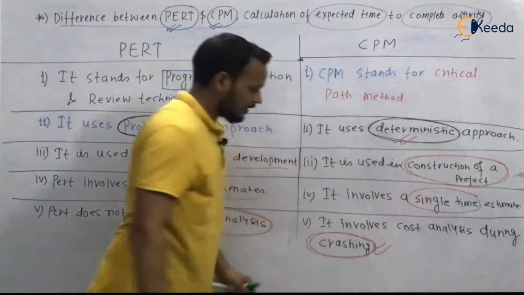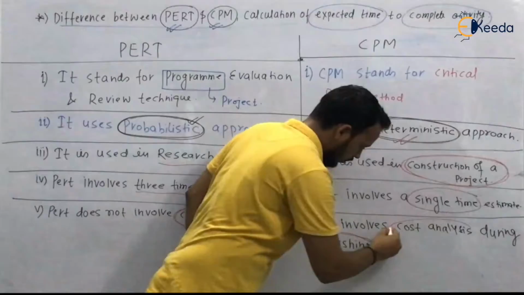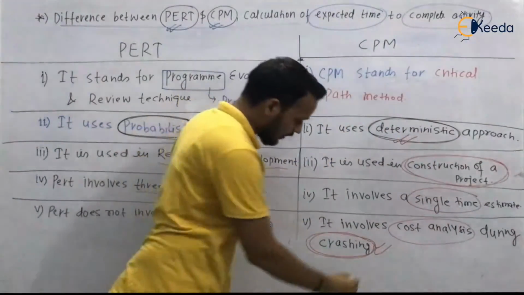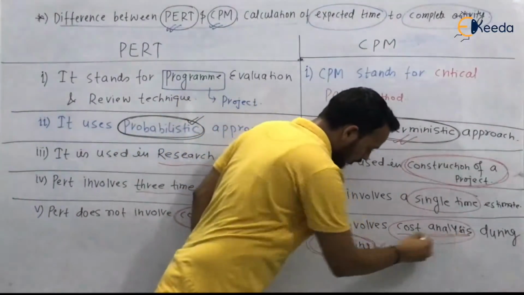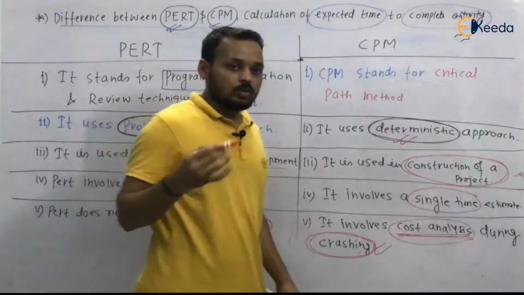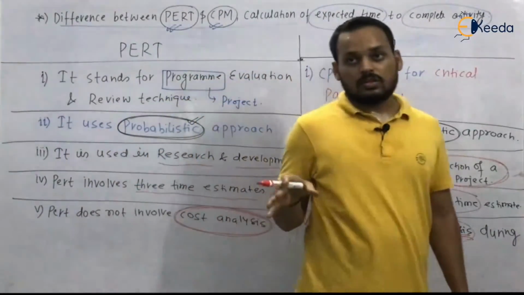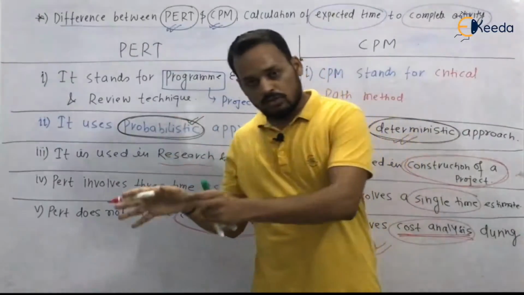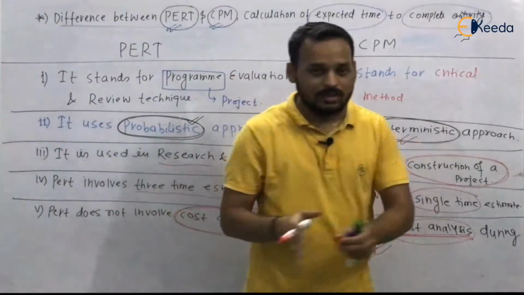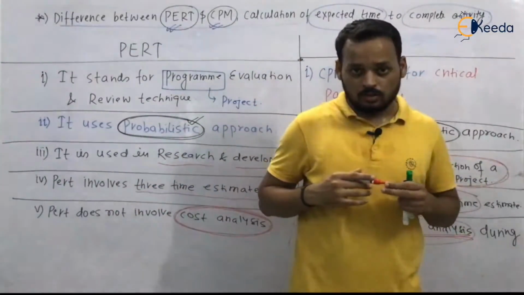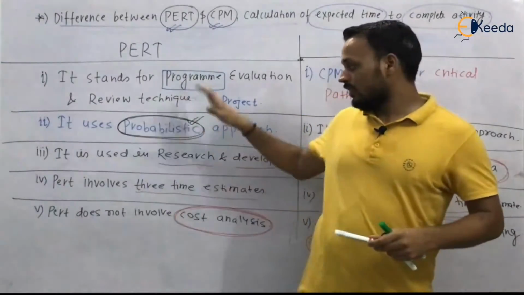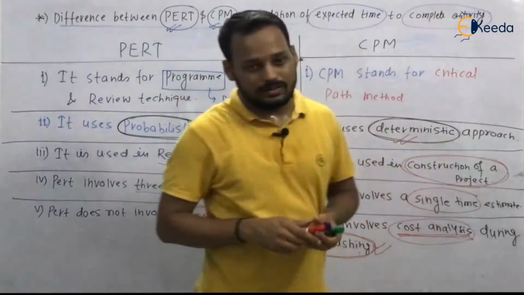When we discuss crashing, we will discuss cost analysis, that is, how you can analyze the cost of a project, whether you can reduce from the given estimate or increase from the given estimate. That is crashing. So these are the basic 5 differences between PERT and CPM.